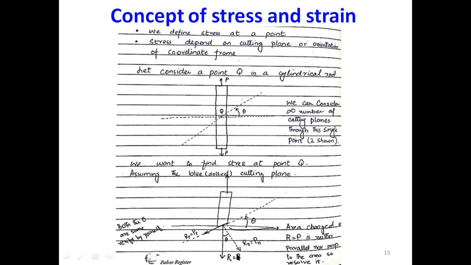So this R would be equal to P. Only in that case would it be in equilibrium. Now we have this slanted face or slanted area, and let's say that area is A_N.